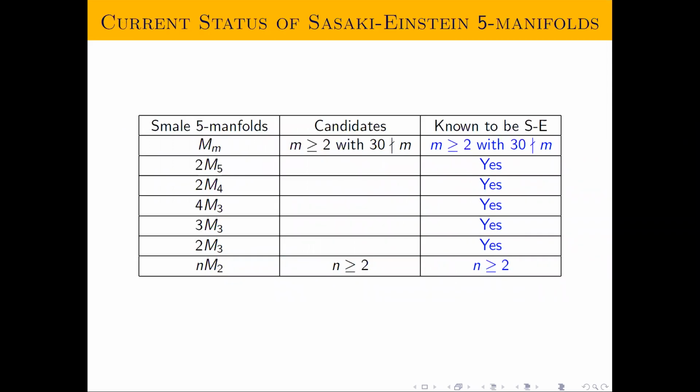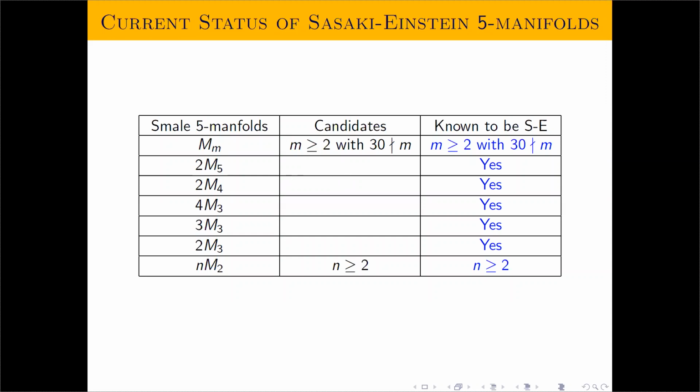So let me summarize the current status of Sasaki-Einstein 5-manifolds. The rational homology sphere case is done. We completely determined which rational homology spheres allow a Sasaki-Einstein structure or not.